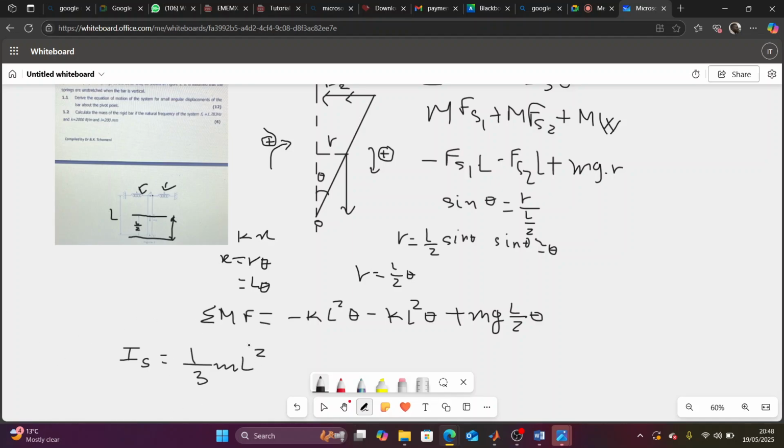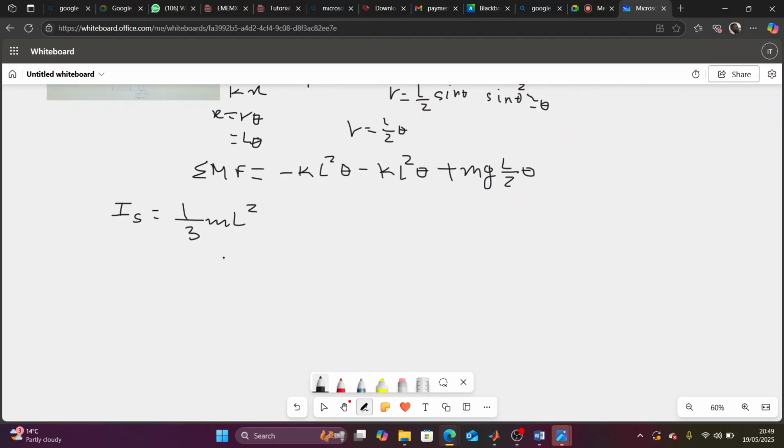You can actually prove it by using the parallel axis theorem. Are we together? Yes. Now, what do we need to do? We have everything, so we can equate them to find the equation. We have minus k L squared theta minus k L squared.